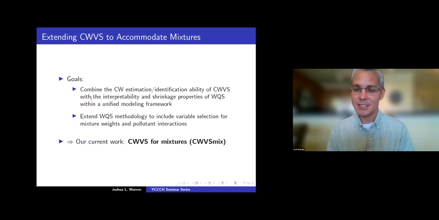But you don't actually get a sense of variable selection when doing this. So none of the weights can exactly equal 0. We wanted a more sparse solution. And so we introduced also a way to make these weights exactly 0, so you can get a better sense of which pollutants are the main players in the mixture. And so what we're calling this is CWVS for mixtures, or CWVS mix.